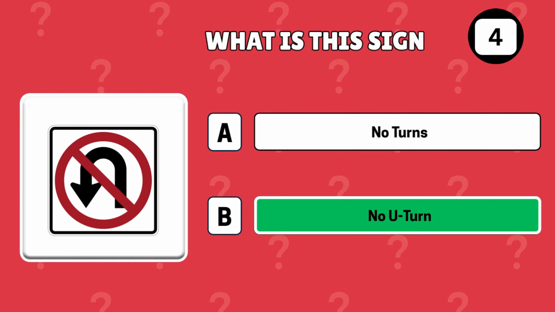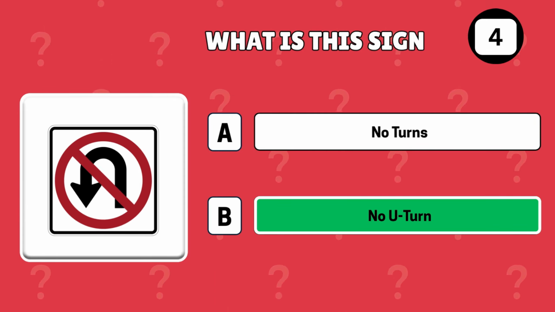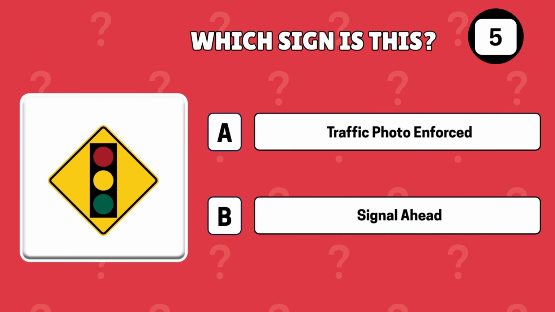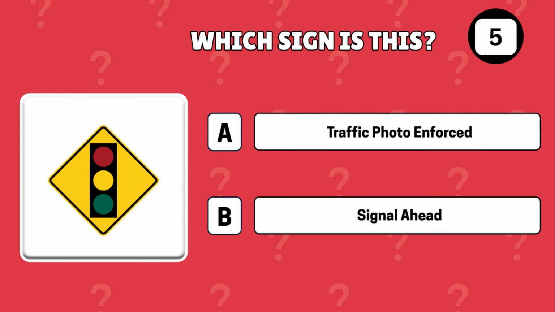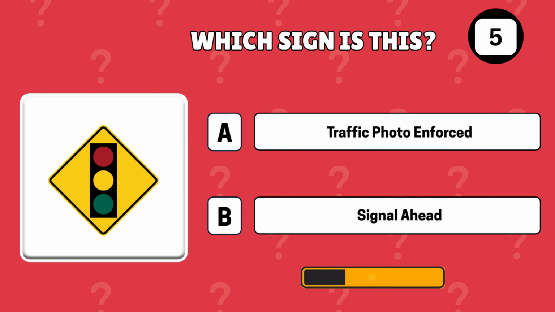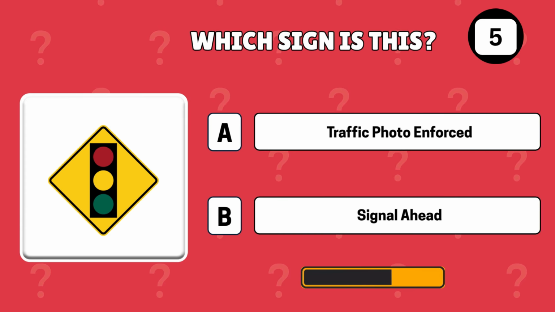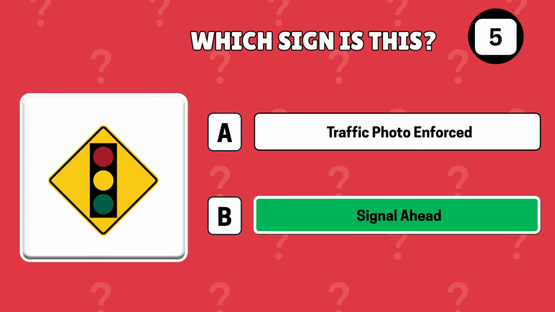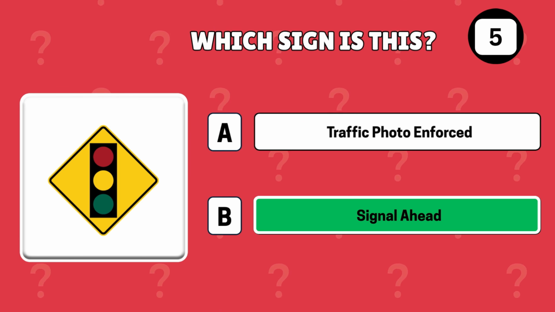Impressive. This is the no U-turn sign. Which sign is this? A. Traffic photo enforced. B. Signal ahead. Good thinking. This is the signal ahead sign.